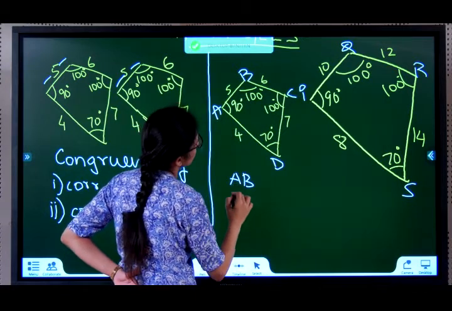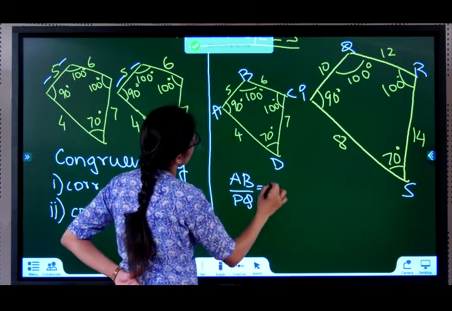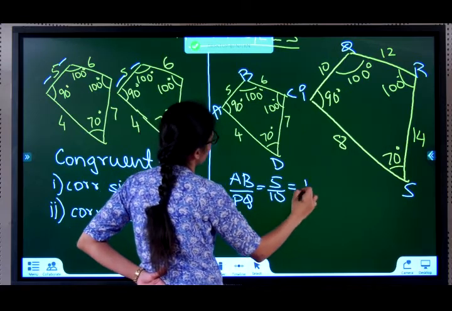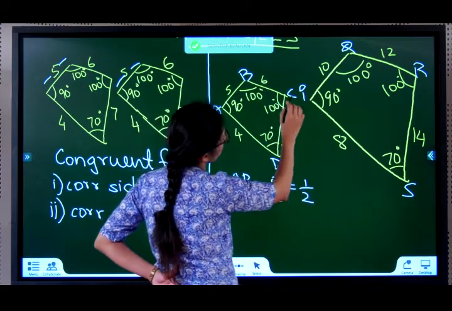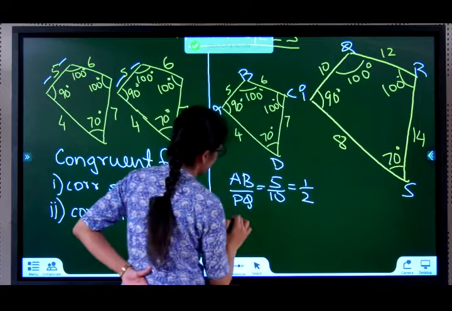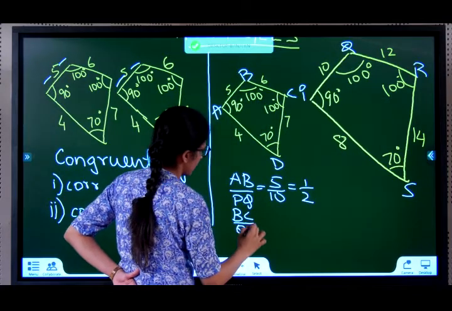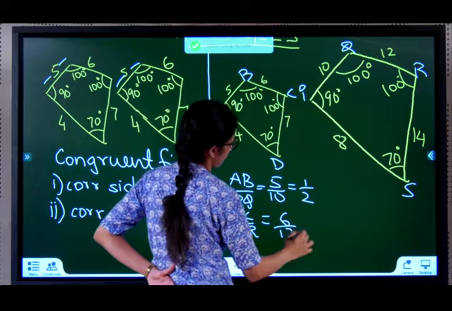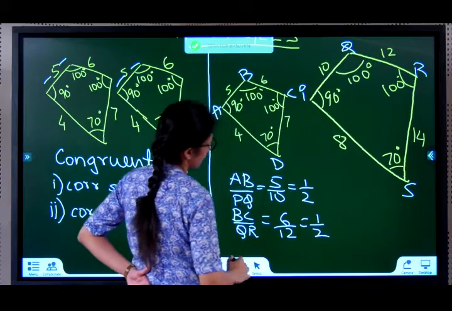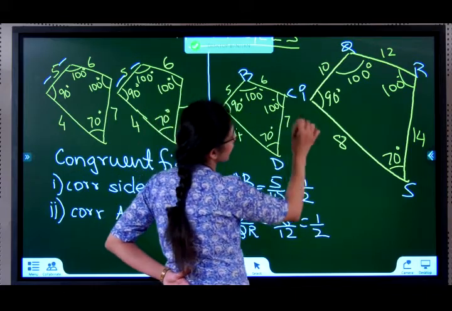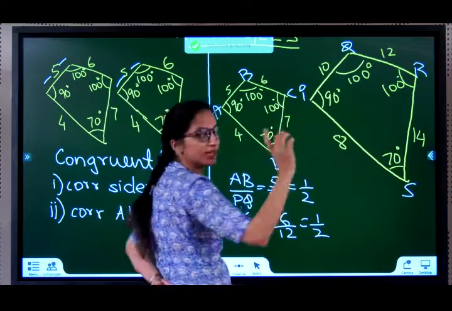AB by PQ is 5 by 10, 1 by 2. BC by QR, 6 by 12, 1 by 2. If I keep doing all that, I'll get 7 by 14, 1 by 2, 4 by 8, 1 by 2.